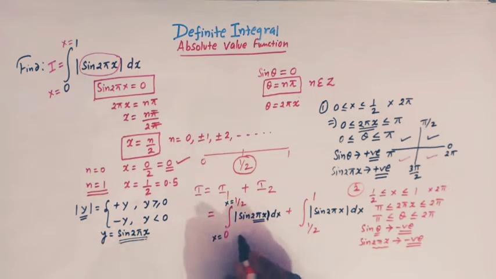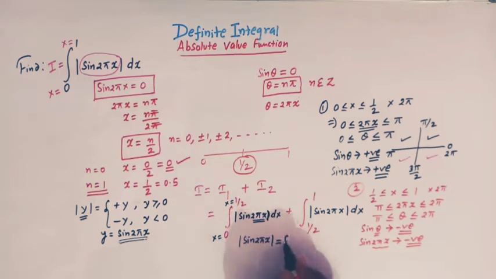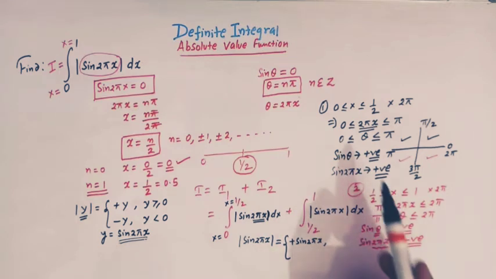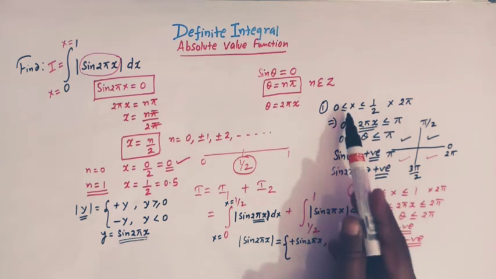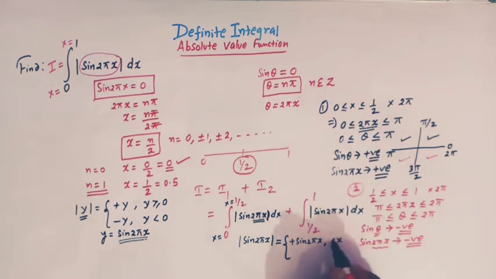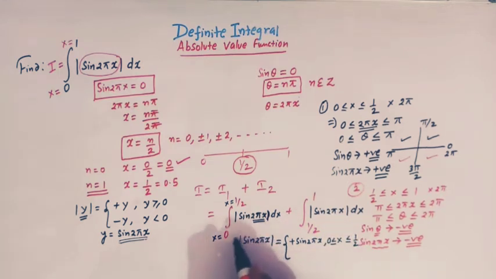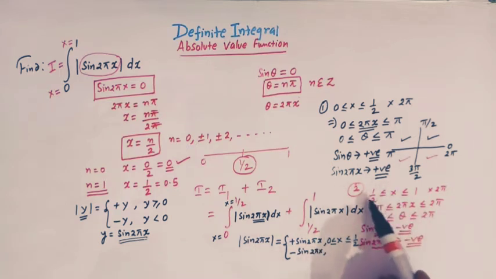So mod of sine 2 pi x is equal to positive sine 2 pi x whenever 2 pi x lies between 0 and pi, or we can say x lies between 0 and half. And mod of sine 2 pi x is negative sine 2 pi x whenever x lies between half and 1.